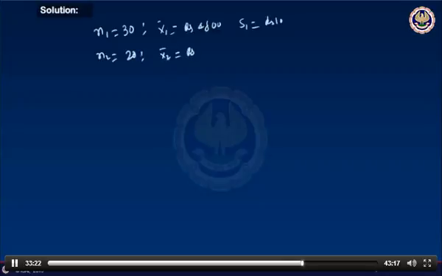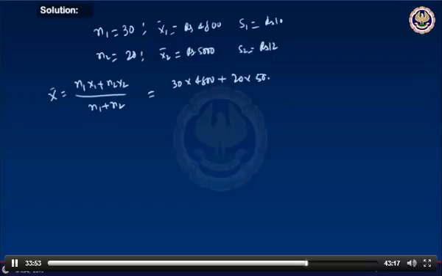Now let us look at the computation of the combined mean and combined standard deviation. Before that, let us look once again at the data given: N1 equals 30, X1 bar equals rupees 4,800, S1 equals rupees 10, and N2 equals 20, X2 bar equals rupees 5,000 and S2 equals rupees 12.